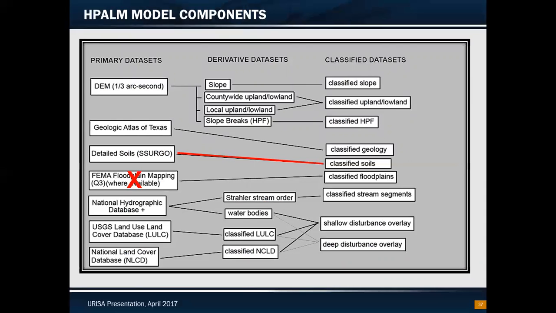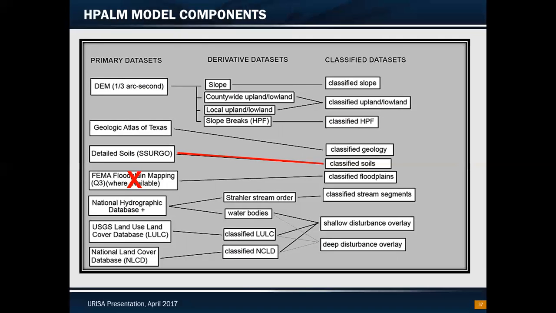And the same types of information would be imparted by some of the other data. The National Hydrography Dataset Plus, which is an extension of the National Hydrography Dataset, was used because it included Strahler stream order, which we used in classifying the stream segments. So those are the data sets that we used.